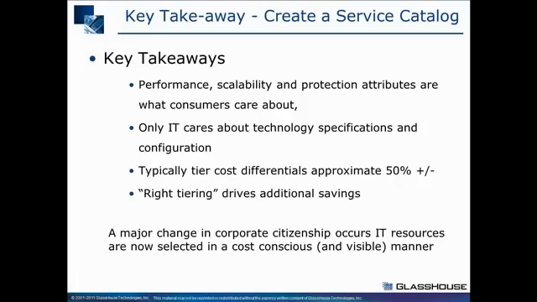Typically, tier cost differentials I would expect to be around 50%. So if your high-performance choice for computing is $50 a gigahertz, I'd expect that the next level down would be $25 a gigahertz, and the level below that would be $12 a gigahertz.